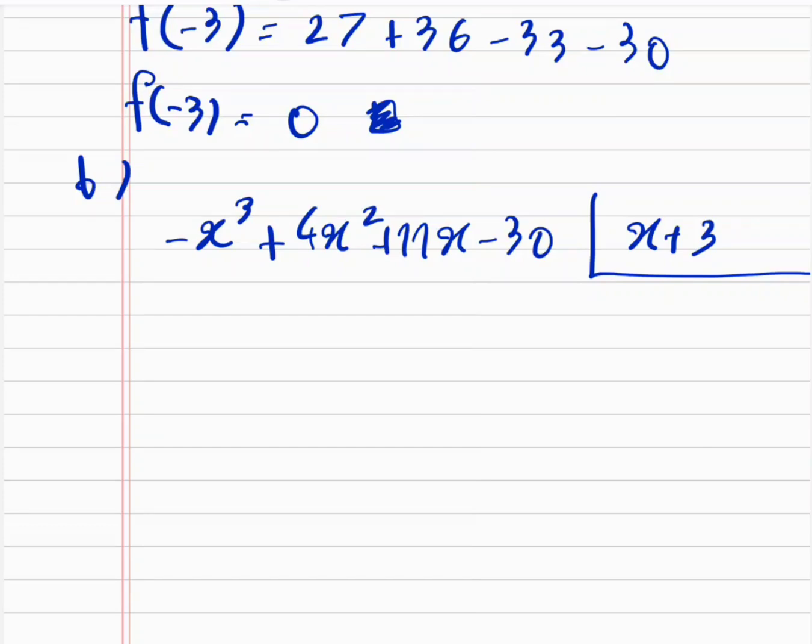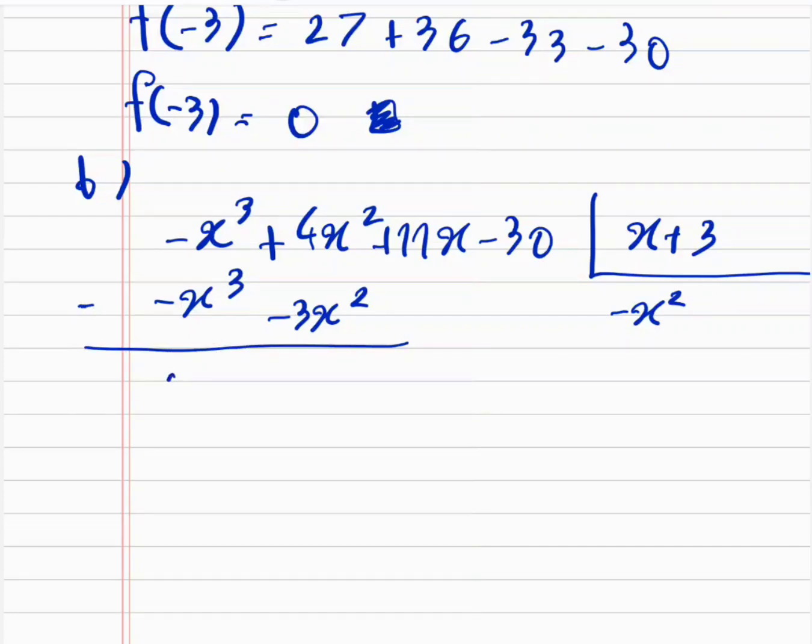So we'll start with the first term, minus x cubed. We want to write something such that when we multiply by x plus 3, we get minus x to the power of 3. So it's simply minus x squared. Minus x squared times x is minus x cubed, and then minus x squared times 3 is just minus 3x squared. Okay, so we always subtract these.